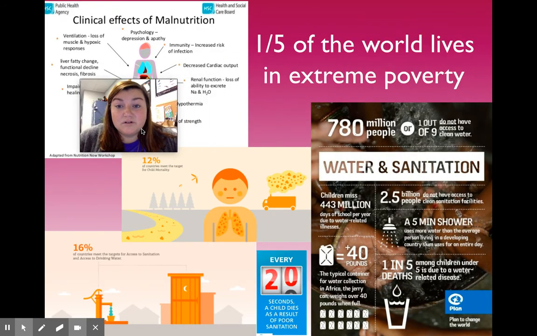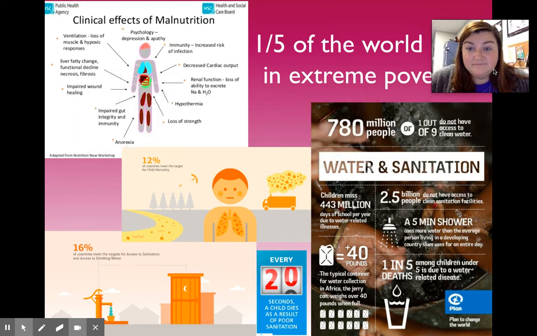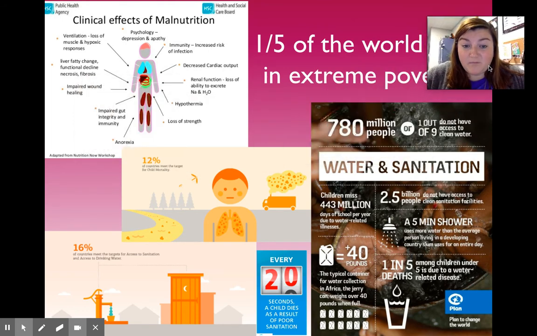So a fifth of the world currently lives in extreme poverty. Something to think about. Graphics to look at here about that. And bringing it back around to what we were initially talking about, things like life expectancy, fertility rates, reproduction, population growth.